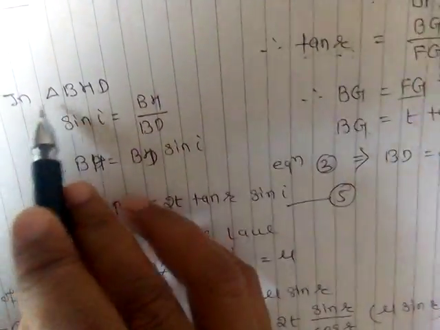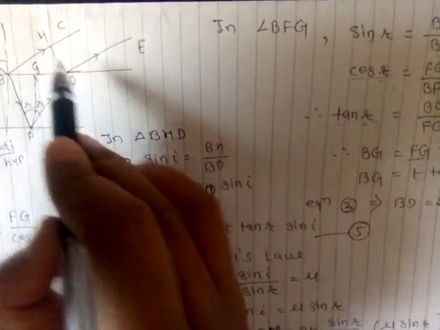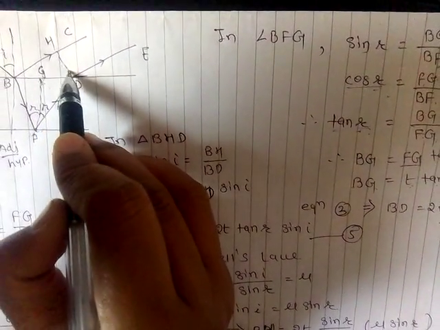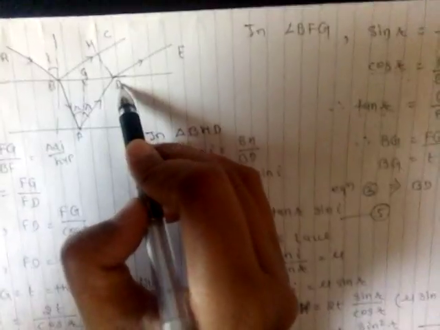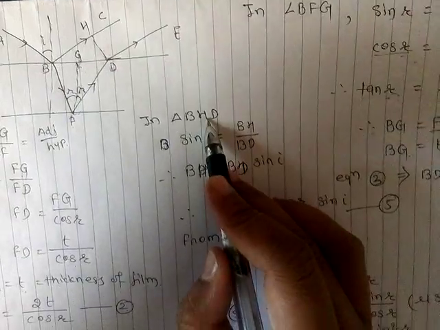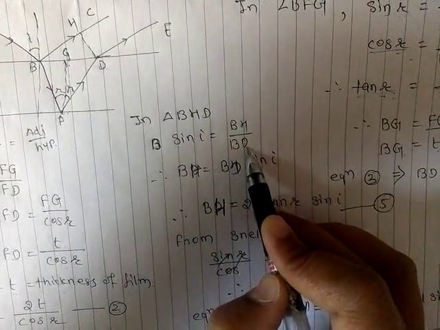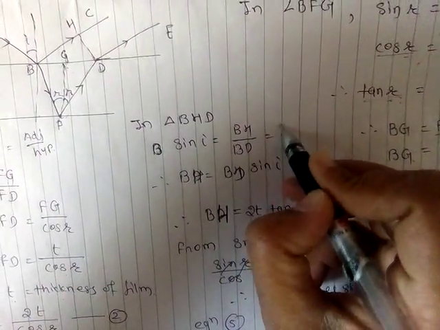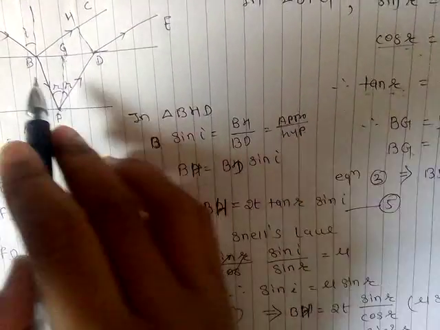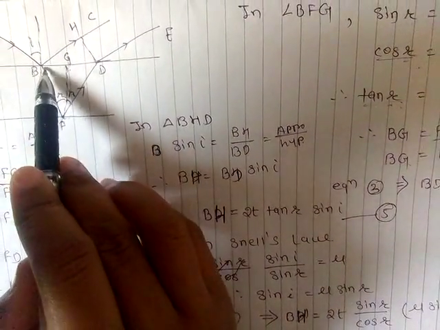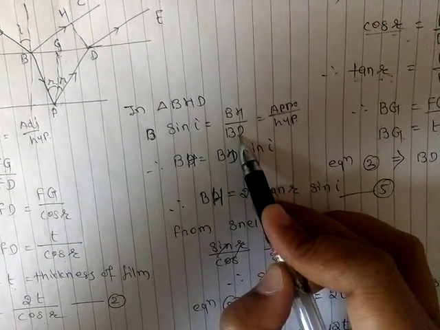Now in triangle BHD, we draw the normal on the axis, and we get the triangle BHD. From this triangle we get sine of I equal to BH upon BD. Again sine I means opposite upon hypotenuse, so we get opposite BH and the hypotenuse BD.